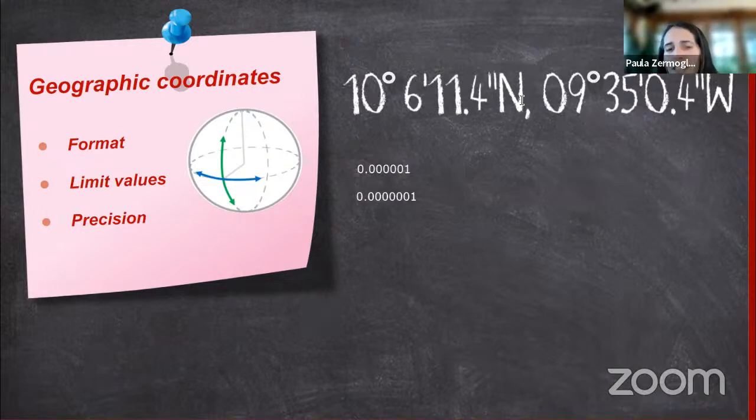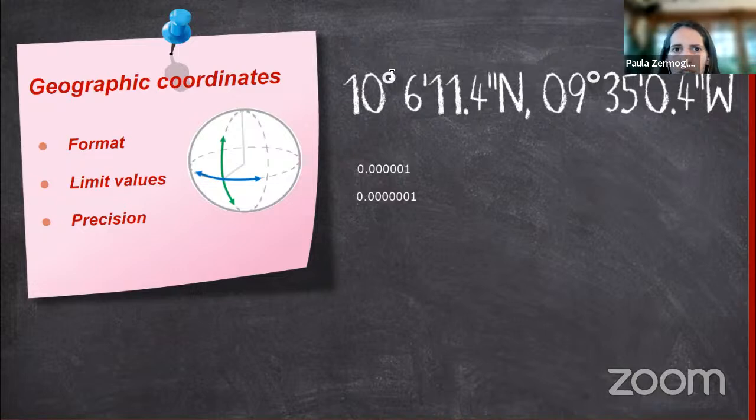So coordinates in degrees, minutes, and seconds. As we were saying during the other sessions, when we have coordinates in this format, we usually express the hemispheres with letters: north, west, east, south. And we have here the degrees, the minutes, and in this case, we have seconds that are decimal seconds, right?